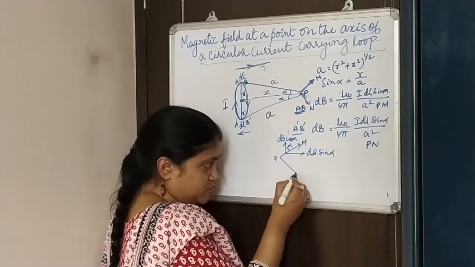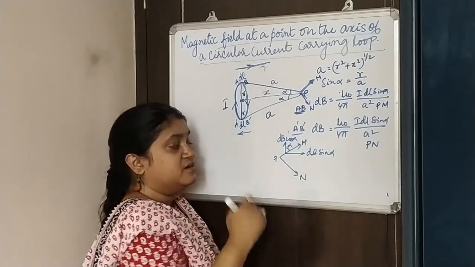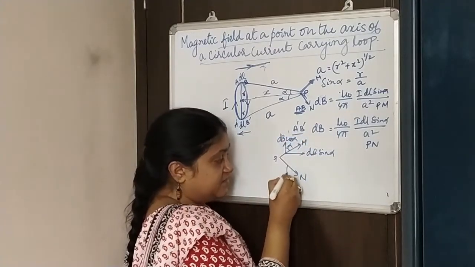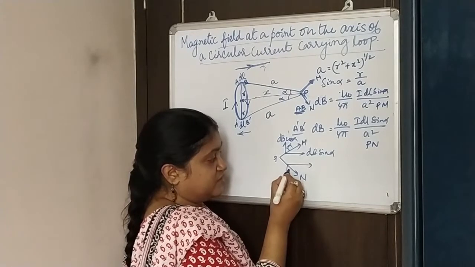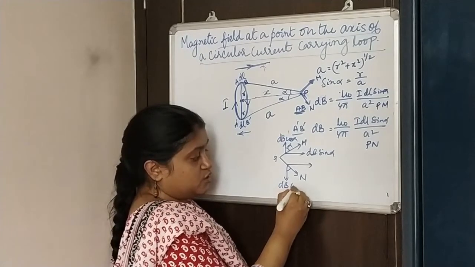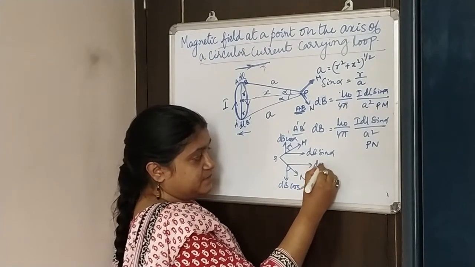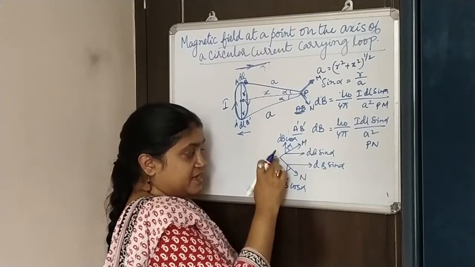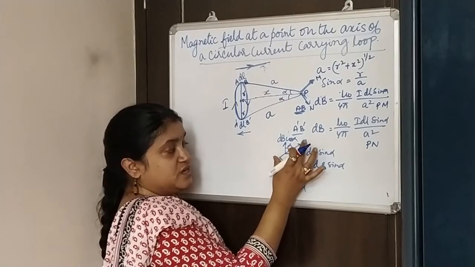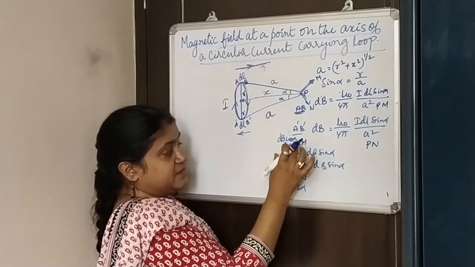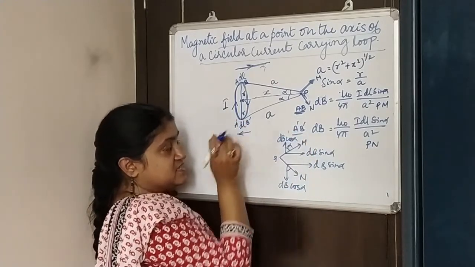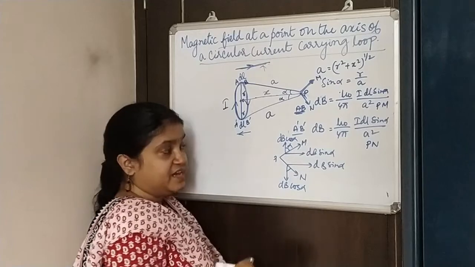And exactly in the opposite direction I have Pn, the magnetic field due to A dash B dash. If I divide this, it also gives two parts: dB cos alpha again, and dB sin alpha. This is due to the A dash B dash current element, giving the Pn direction, and the other is due to the AB current element, giving the Pm direction.